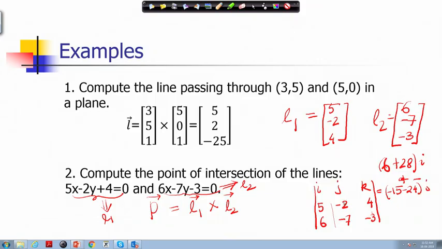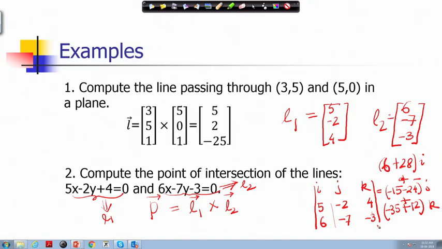And then we consider the third component, which is minus 35 minus of minus 12, which is plus 12, that is k.